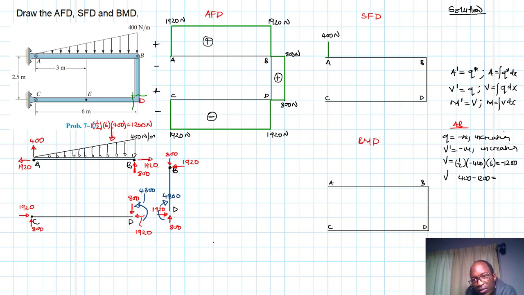We find here we are looking at our VB. The shear at VB is equal to 400 minus 1200, which just gives us a minus 800. Okay, so that is our final destination. But when we look at our slope for our shear, we said it is negative also and increasing.